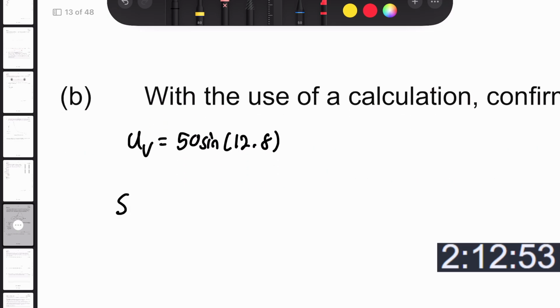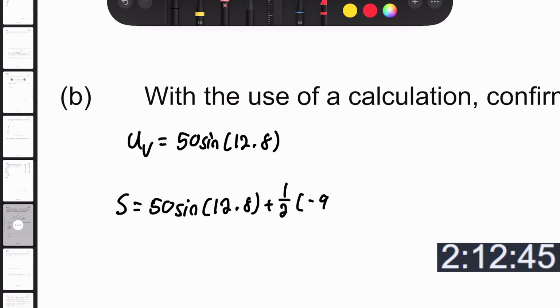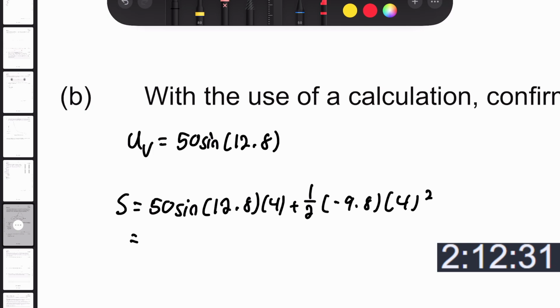And then S is 50 sine of 12.8 minus negative 9.8 times 4 squared. Sine of 12.8 times 4 minus 4.9 times 4 squared.